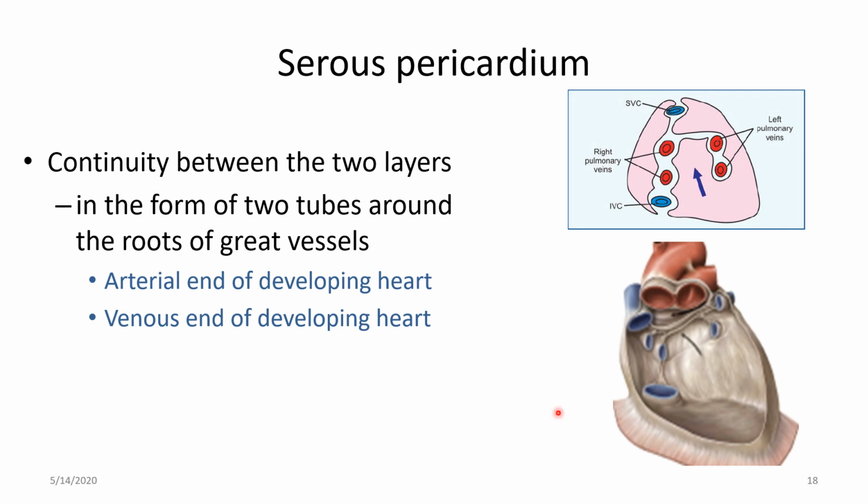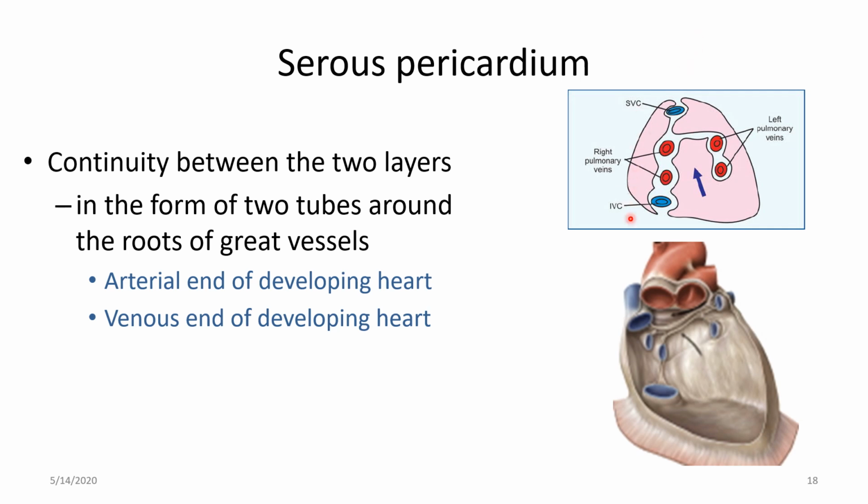The continuity between the two layers of the serous pericardium, that is the parietal and visceral layers, is in the form of two tubes around the great vessels. Now you know what the great vessels are. The continuity is in the form of two tubes, one at the arterial end of the developing heart, the other at the venous end of the developing heart.